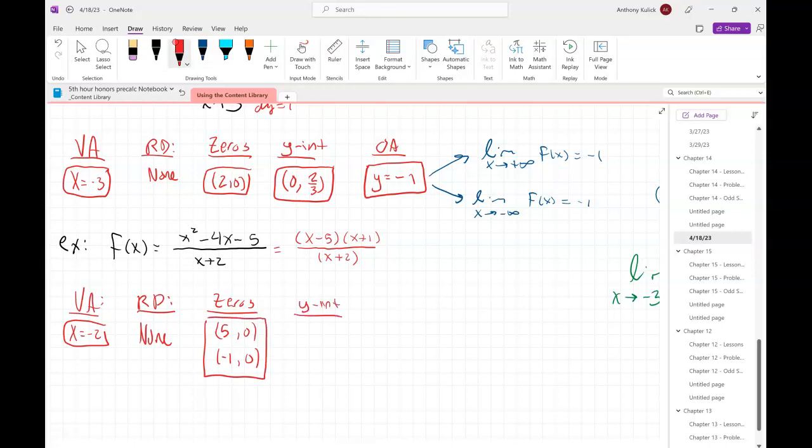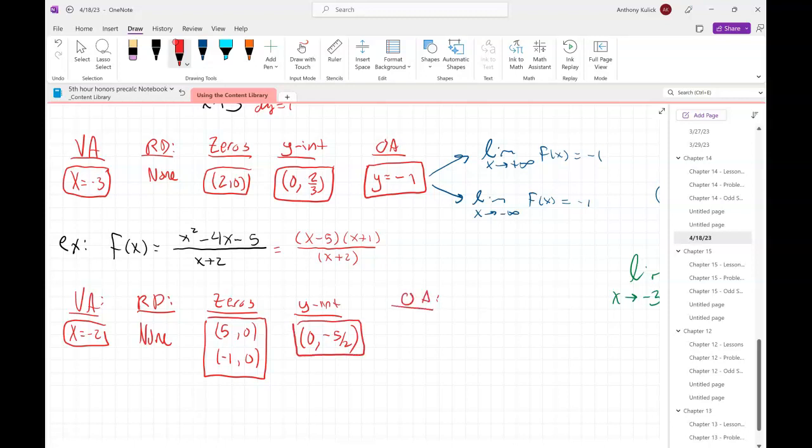Y-intercept, how about -5/2? Right, because everything with the x just drops off. That's how I'm doing that so quickly in my head.